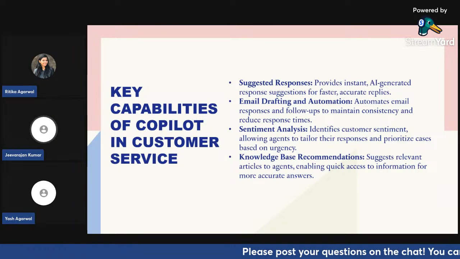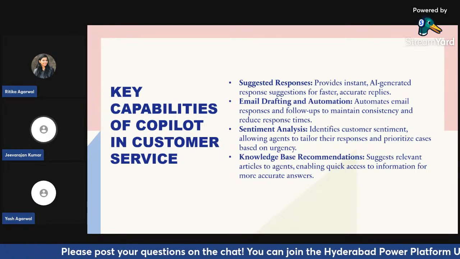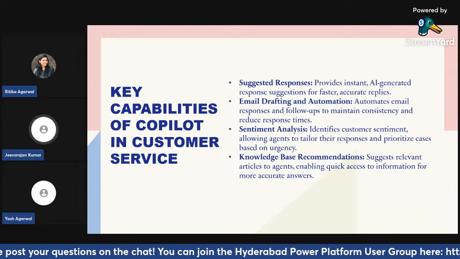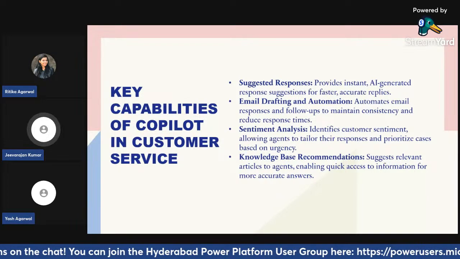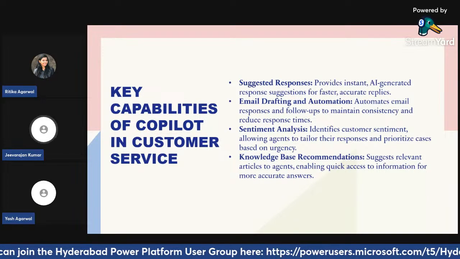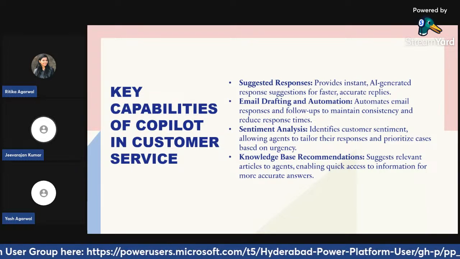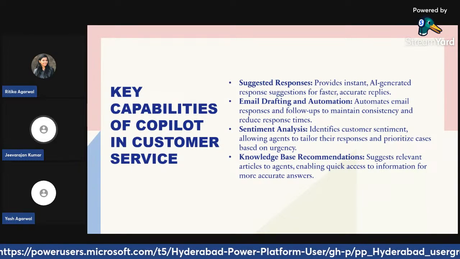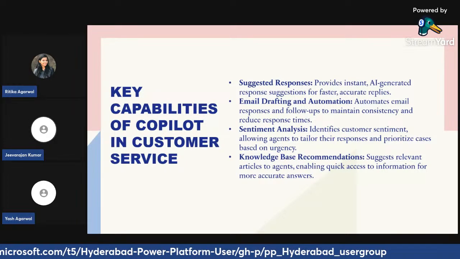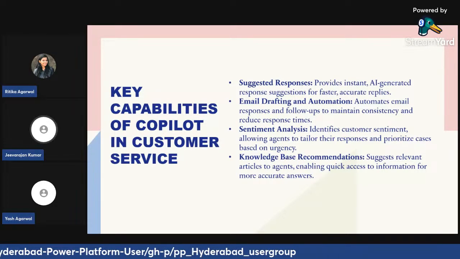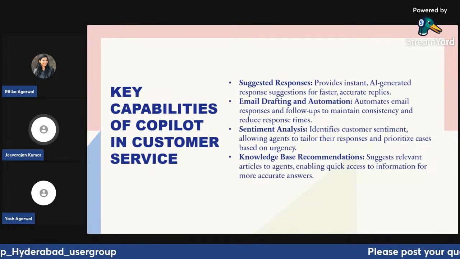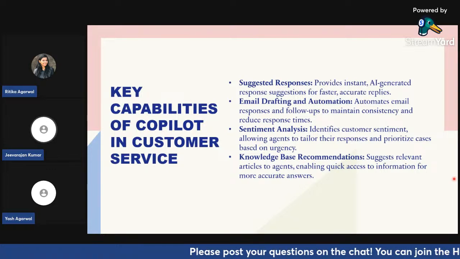For example, if a customer reaches out with an issue, Copilot can suggest relevant troubleshooting steps or solutions based on past cases. It helps agents stay focused by handling repetitive tasks, like drafting email responses with the past interactions, so that they can spend more time on the customer's unique needs and focus their energy on problems which really require human effort, rather than spending time on mundane tasks which can be offloaded to Copilot.